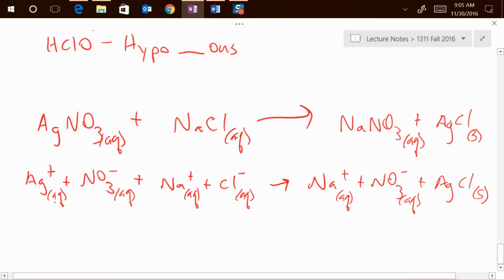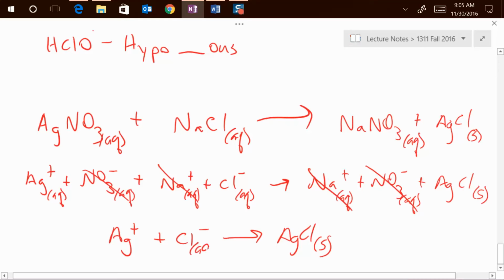How do I find the net ionic equation now? Eliminate your spectator ions. So the things that don't actually participate in the reaction, you get rid of them. And you get Ag+ plus Cl- produces AgCl solid. So this is the only reaction that actually took place. This is my net ionic equation.